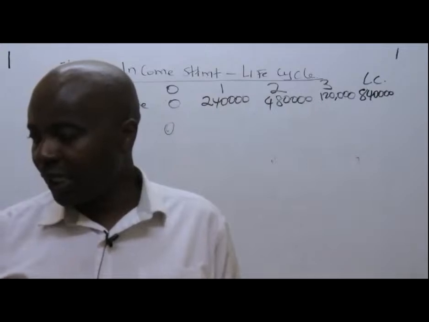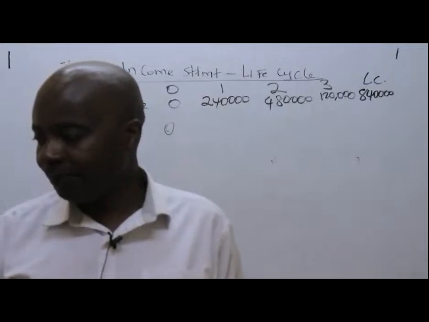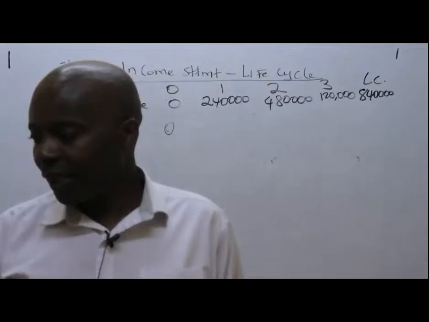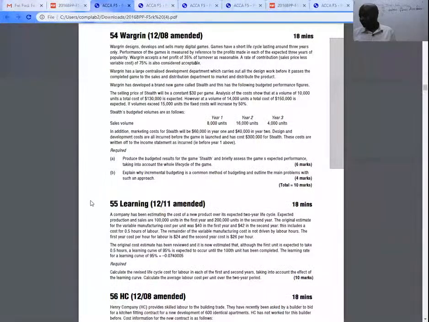80,000 units times 5. Please give me an answer. I'm waiting. If you recall, we got B, which was the variable cost per unit.